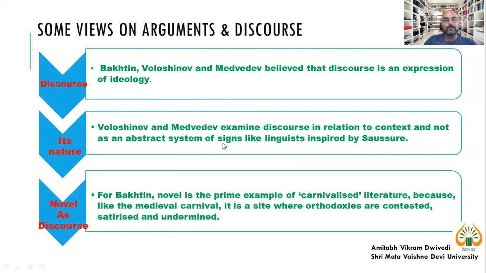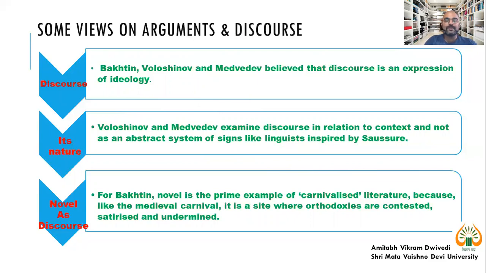Voloshinov and Medvedev examine discourse in relation to context and not an abstract system of signs like linguists inspired by Saussure. So when we talk about discourse, then context comes into play. Something is said, but not what is said is important, but why, in which context it is said, that is more important than what is said.